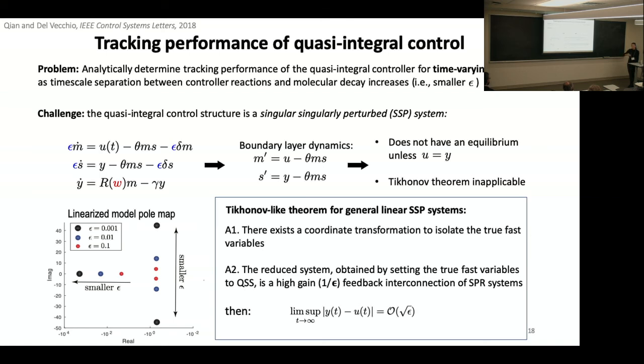If you can prove that there is a coordinate transformation that takes the system to the true fast-slow variable partition, and the reduced system is a high feedback through 1/epsilon connection of strictly positive real systems, then you can prove that this result is almost true up to order square root of epsilon. This is different from what you get in singular perturbation, where you would get an O of epsilon.